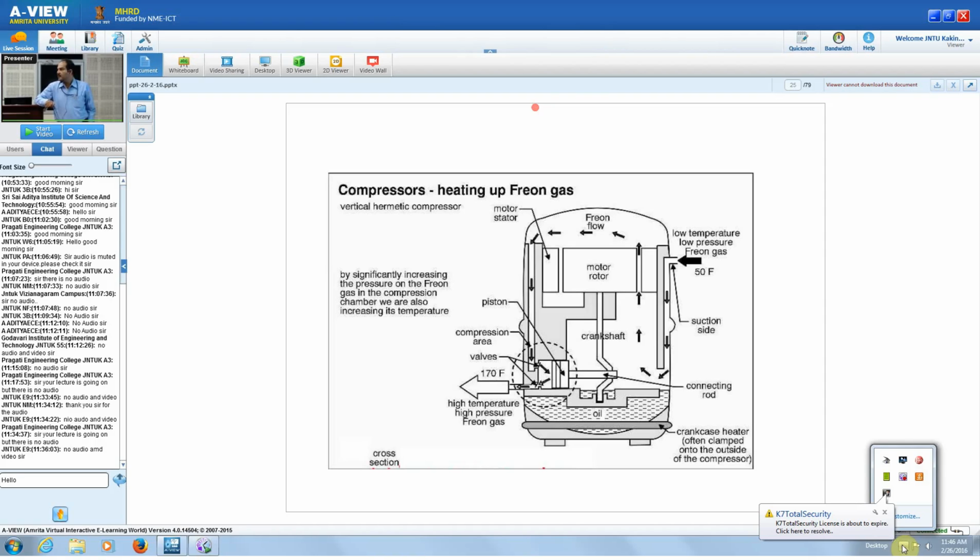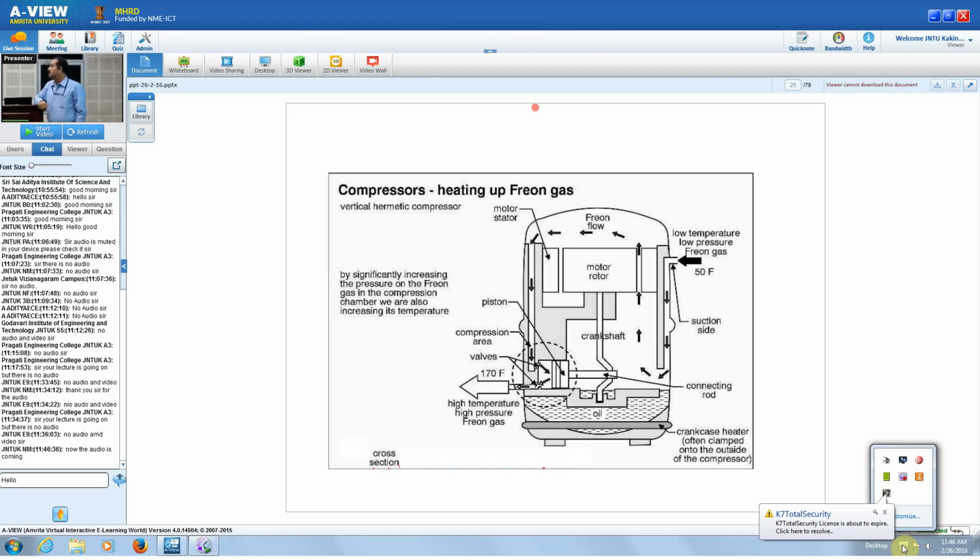What is the purpose of the oil here? To avoid friction. Sometimes this oil mixes with the refrigerant, and then we get less cooling inside. So oil and refrigerant should not mix. Right? So this is the construction of a simple compressor.